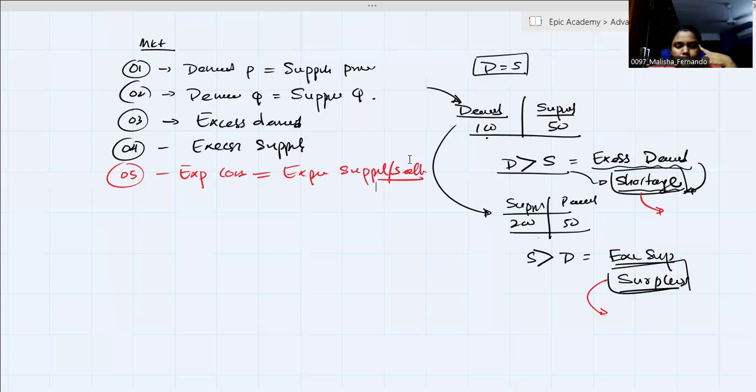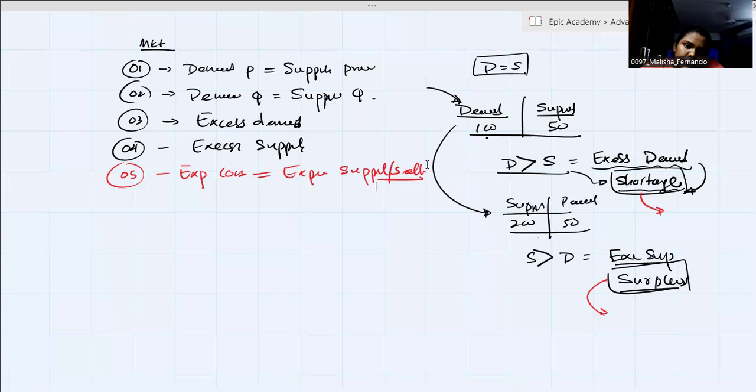Without this mutual agreement, there is no transaction in the market. Each and every transaction is created by this mutual agreement of two parties, sellers and buyers. So this is the main thing you have to identify.